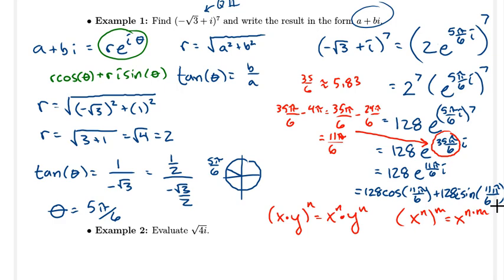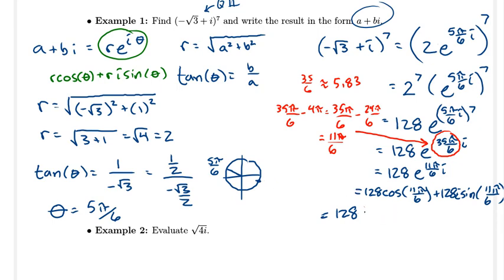And that's something that we know, right? We know the cosine of 11 pi over 6 and the sine of 11 pi over 6. Sorry, I'm going to erase my exponential rule reminders here to give myself some room. So we have 128, well, the cosine of 11 pi over 6, right? 11 pi over 6 is right over here.